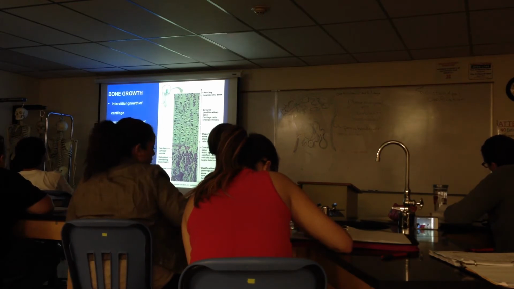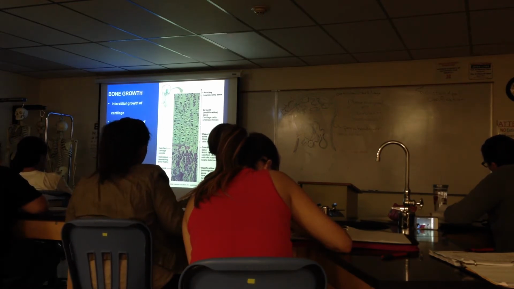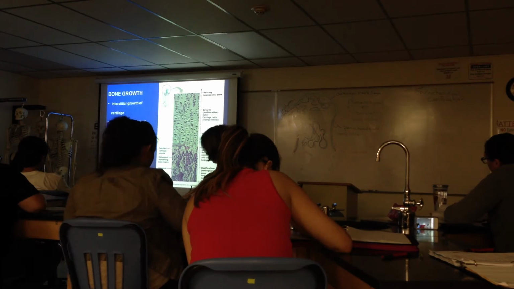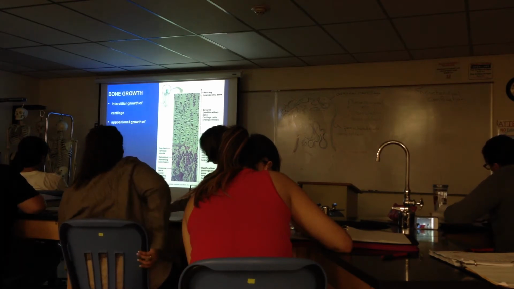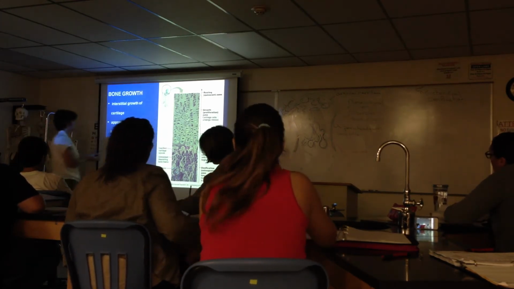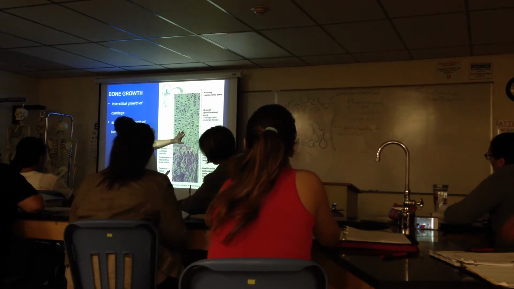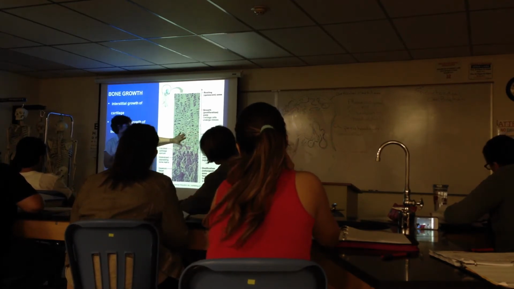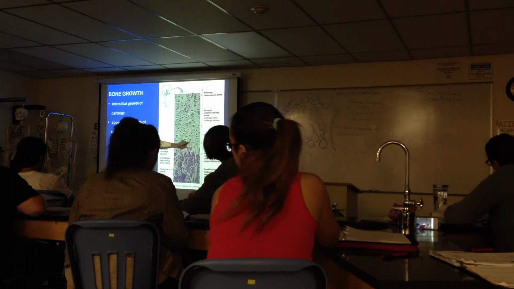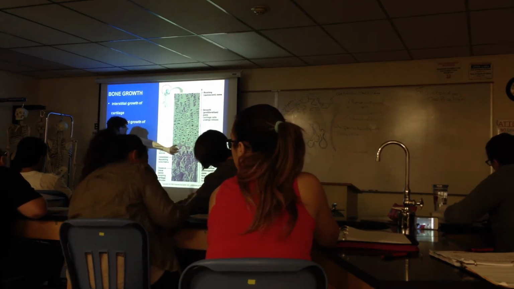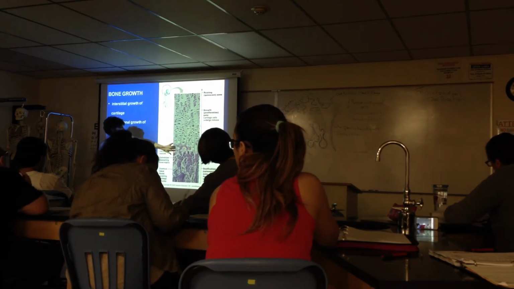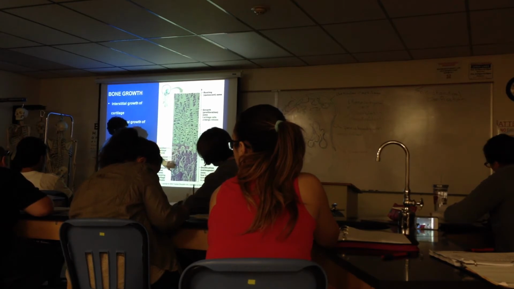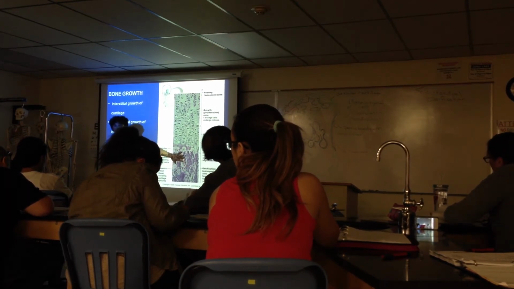Here we have them stacked up like pennies. So this would be the zone of proliferation. And then here they're getting larger and bigger. This would be the zone of calcification. You can see how very little matrix there is. Now that the cartilage is calcified, the cells are dying, and we see the invasion of the bone cells.